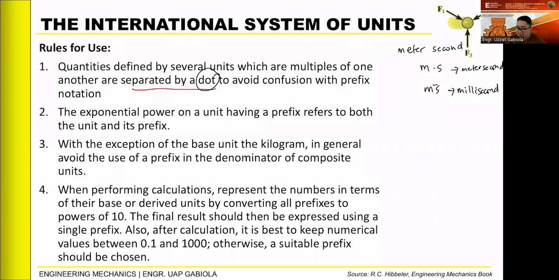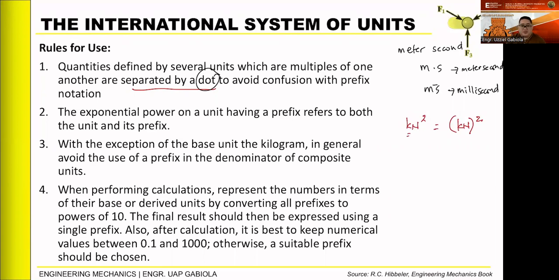So, halimbawa, nakita ninyo si kilonewton, okay? Si kilonewton is may squared siya dito, okay? Kung may prefix kang kilonewton squared, kasama sa square yung mismong prefix natin. Okay? So, dapat kasama yun sa representation niya.